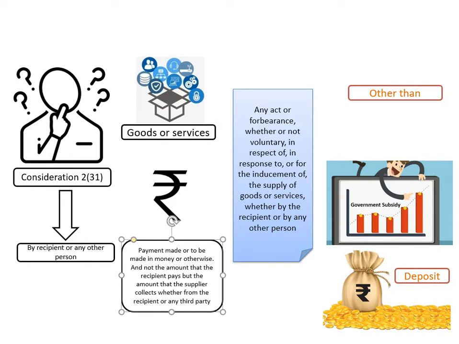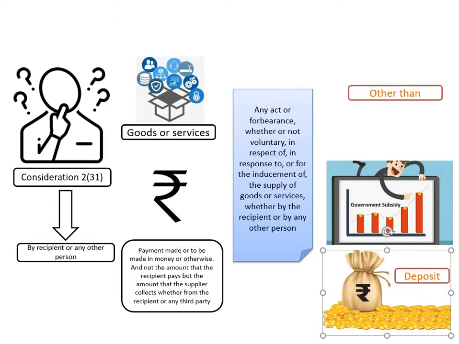Now, the payment made or to be made, in money or otherwise, is not the amount that the recipient paid, but the amount that the supplier collects, whether from the recipient or a third party. Still, it's a consideration. Any kind of act or forbearance, voluntary, in respect of, in response to, or inducement of the supply of goods and services, whether by the recipient or any other person, is still a consideration, but does not include any government subsidy or deposit for the purpose of consideration.